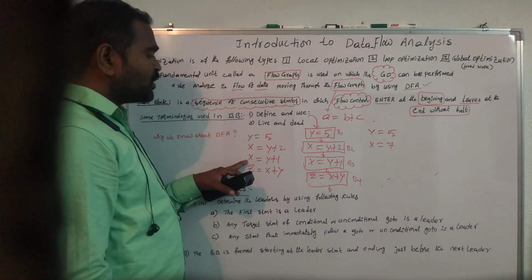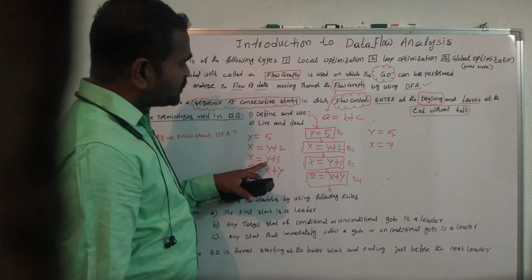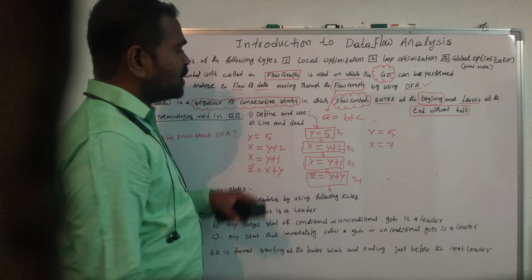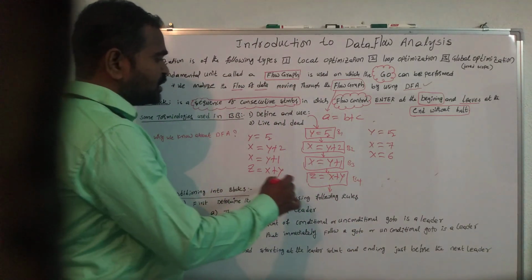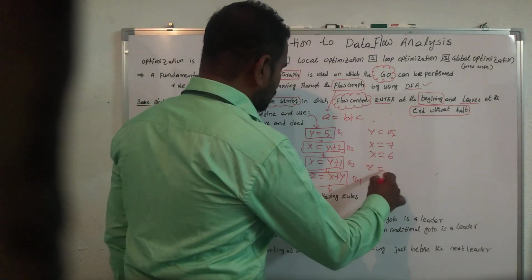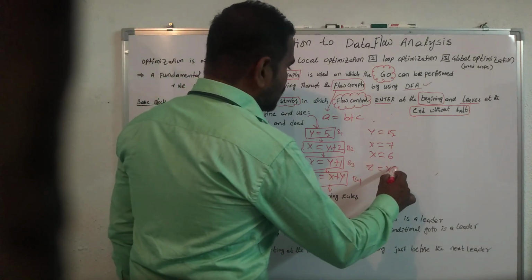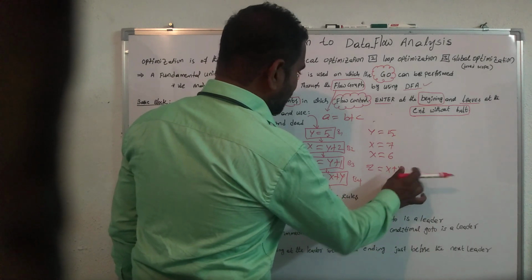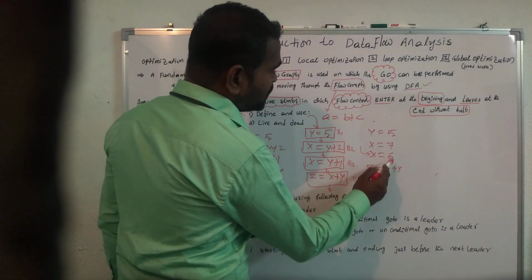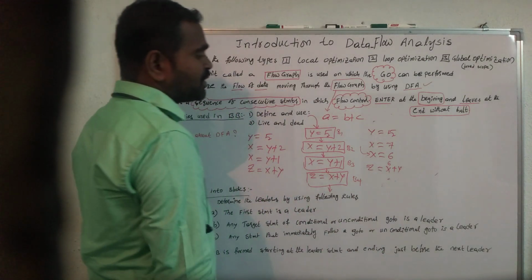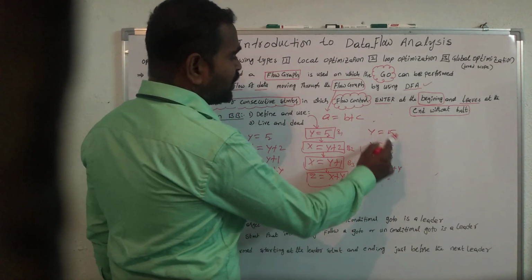So what about the x value here? The x value is already 5. 5 plus 1 is 6. The next one is z is equal to x plus y. The most recently evaluated x value is 6, so it is involved in this expression as 6, and the y value is 5.